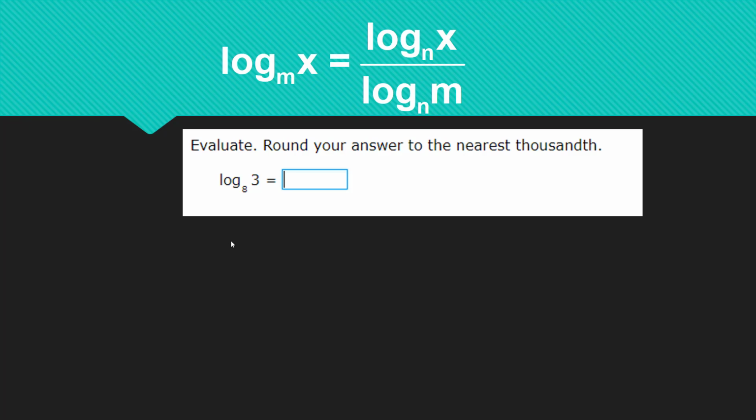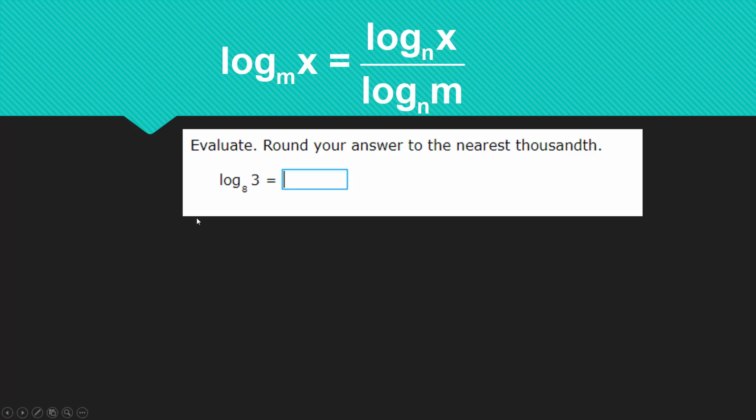On my calculator, if you look probably on the left side of your calculator, to the left of the numbers or somewhere in that area, you'll see a key that says log, that's L-O-G. You'll also see a key that says Ln, natural log. So you could change it to either one of those because we have those keys on our calculator.